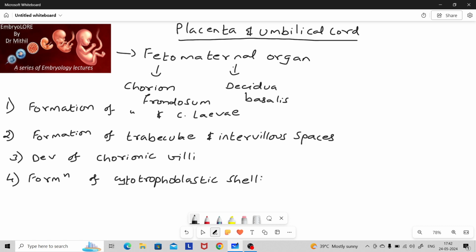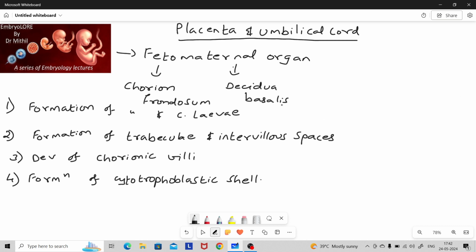So these are the stages under which we will be learning the formation of the placenta, and it will be easier for learning and also for describing in the examination. So these are the different stages.